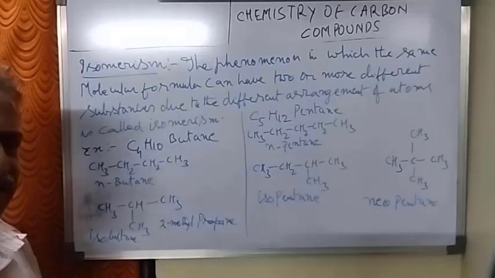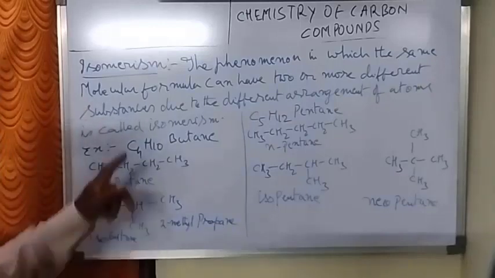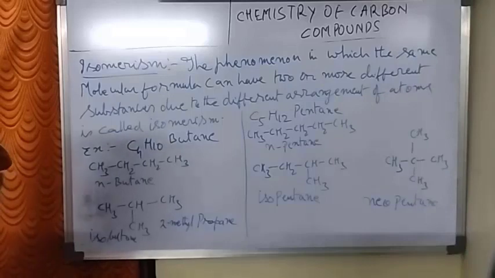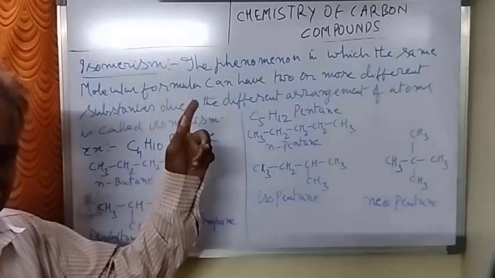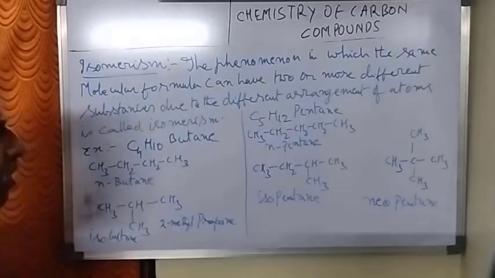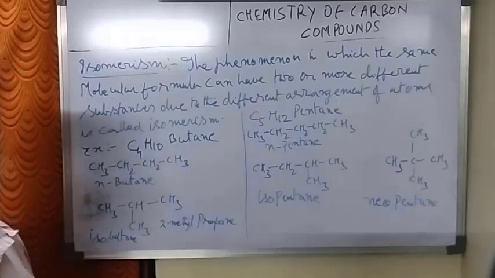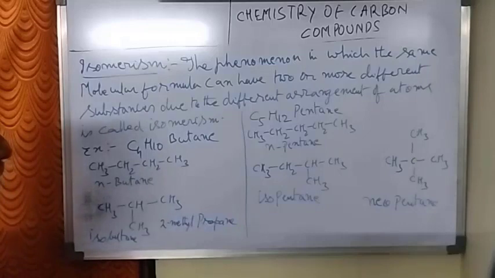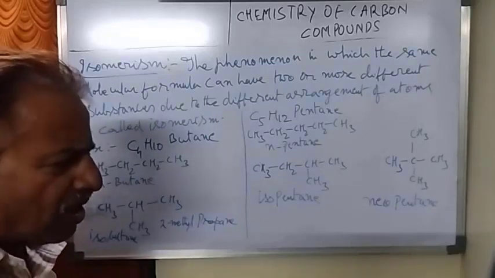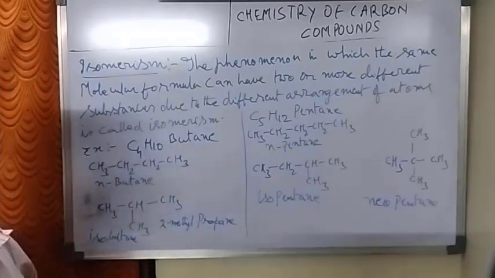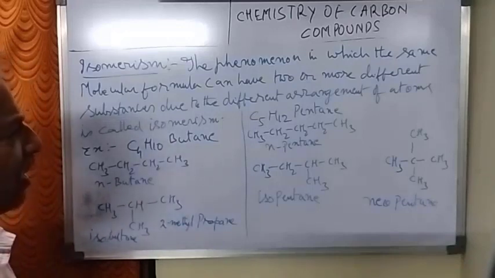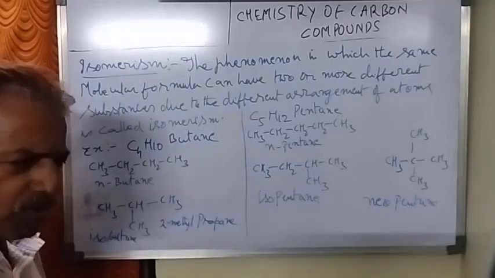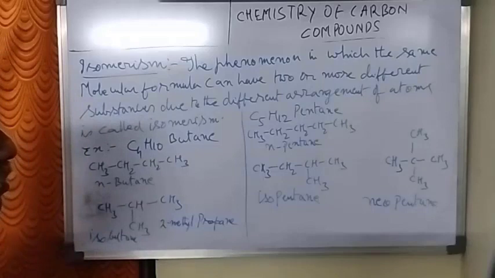Now, the unique nature of carbon is due to 3 properties. One is catenation, ability to form double bonds, and isomerism. Because of all these characteristics, carbon alone with a few other elements can form substances greater in number than the compounds formed by all the elements put together.